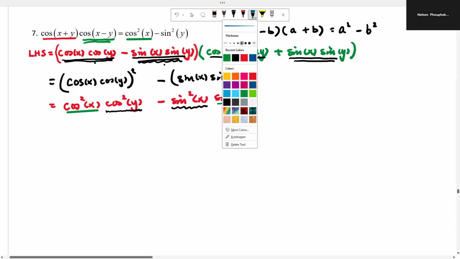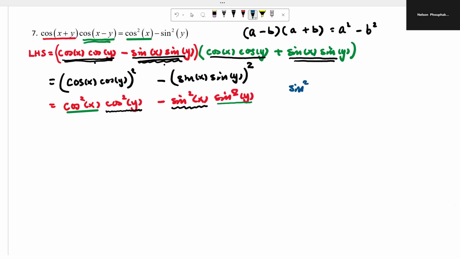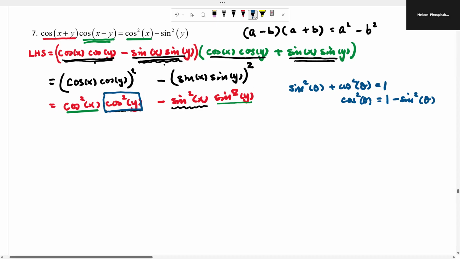Then now, remember sine squared theta plus cosine squared theta is equal to 1. Okay. So in this case, cosine squared y must be equal to 1 minus sine squared y.